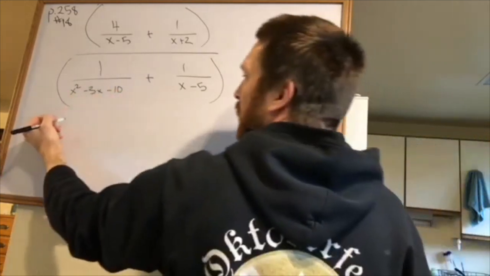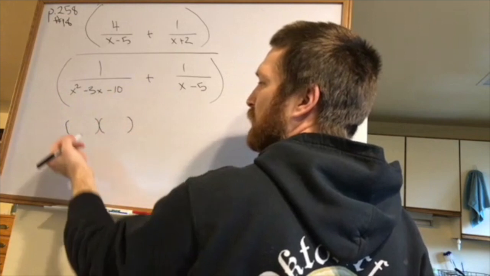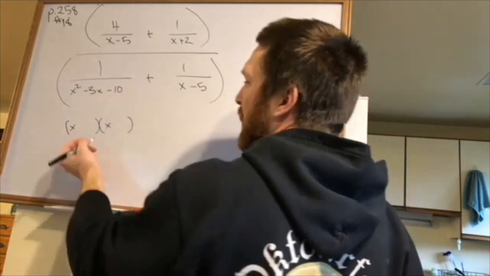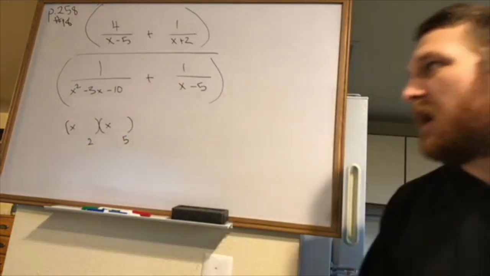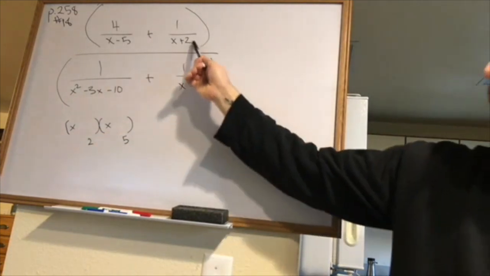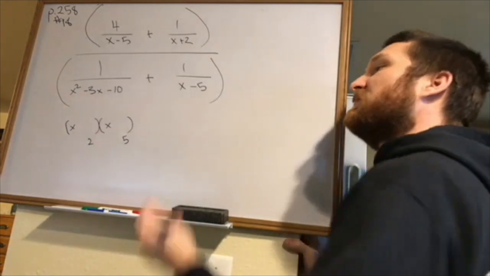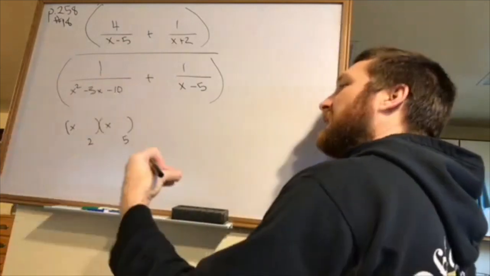I could say that right there factors down to, well, it has to be an x and an x. 10, let's try a 2 and a 5. And I definitely want to try a 2 and a 5 because, looking at the overall problem, 2 and a 5. So one has to be positive, one has to be negative.